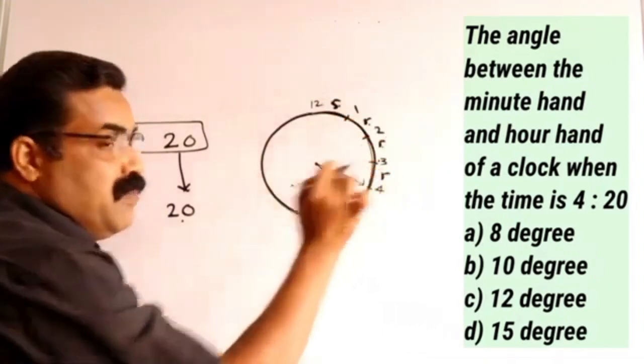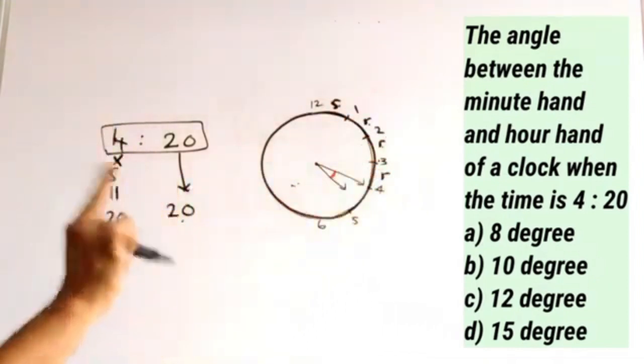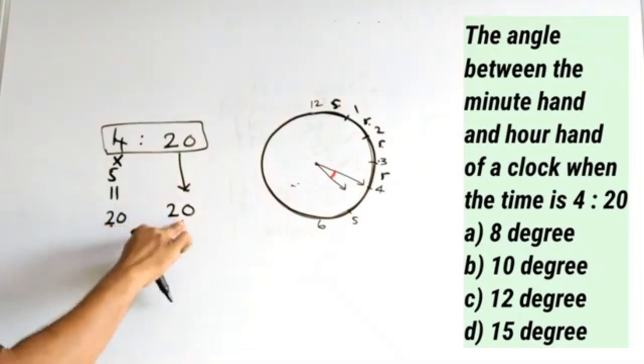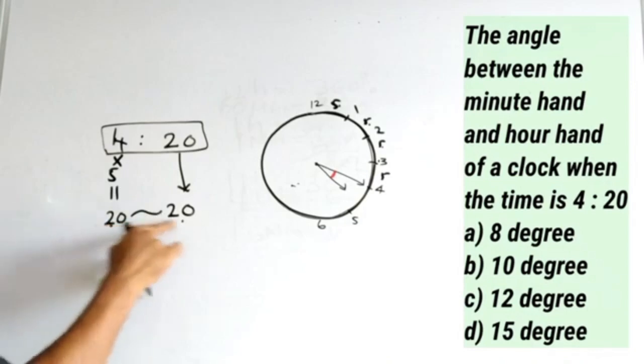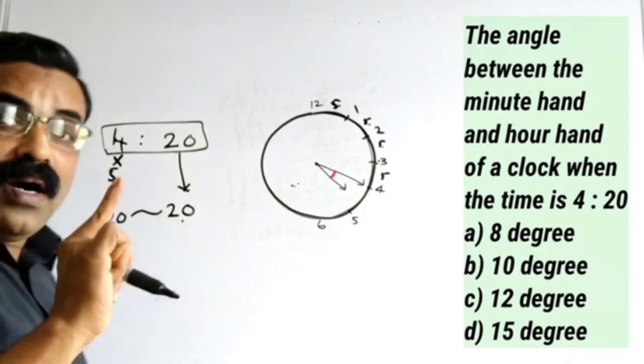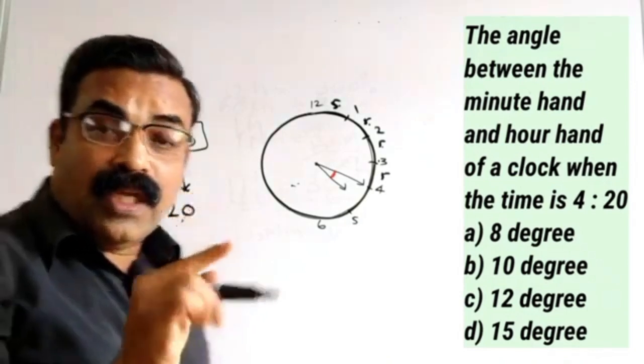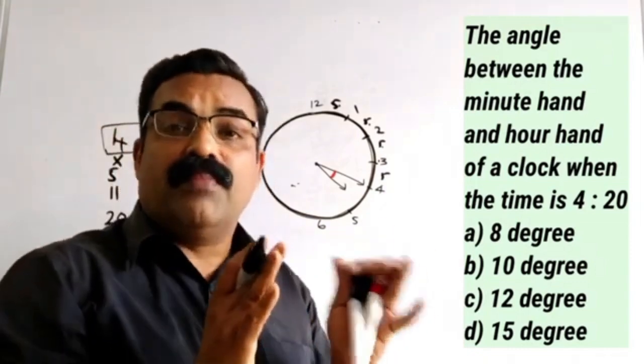So here also 20, here also 20. Students, understand it very clearly. If the difference between these two is 0, there is no difference between these two minutes.